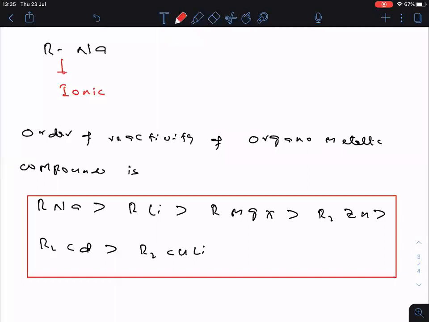Why is RNa first? Because the bond is ionic. Clear? Hope you are understanding all these things.